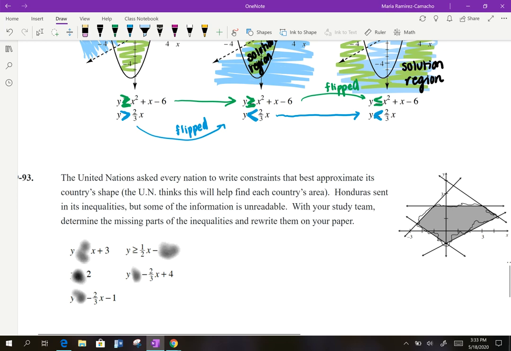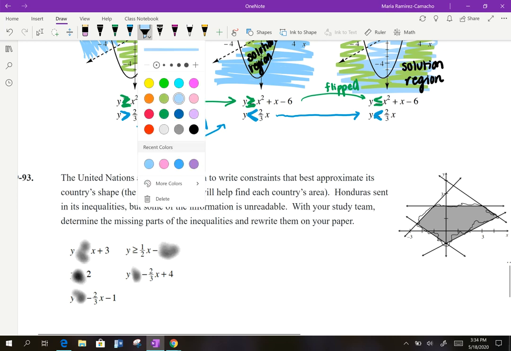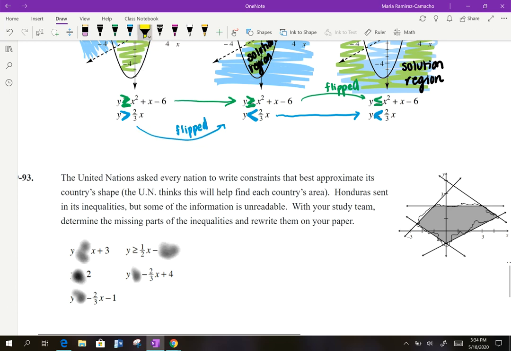Which direction? So notice that all of these lines, I'm going to highlight them briefly. If my highlighter button works. Highlight. I want yellow. Okay.